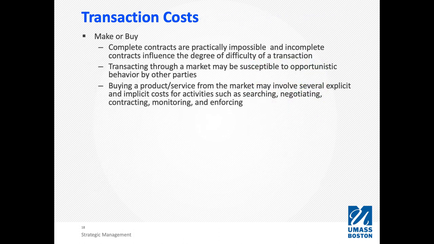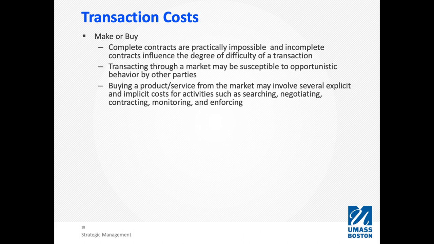Make or buy simply means you're asking the question, are you going to do something inside the firm or are you going to do it out in the open market? For things that are relatively simple, doing it out in the market is fine. For any more complex thing, the task of trying to write the perfect contract to get the precise thing you want may be hard to accomplish in the open market, so you do it in-house.